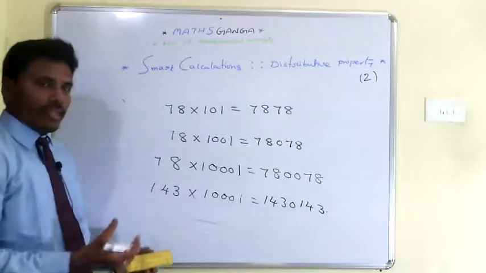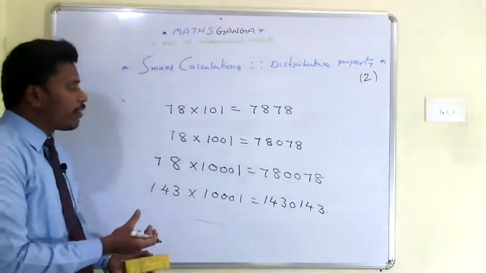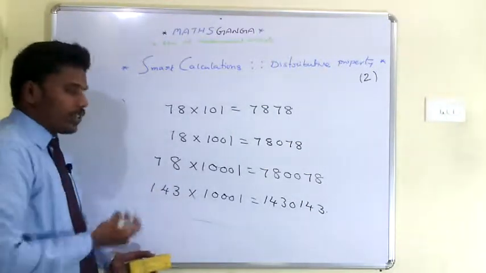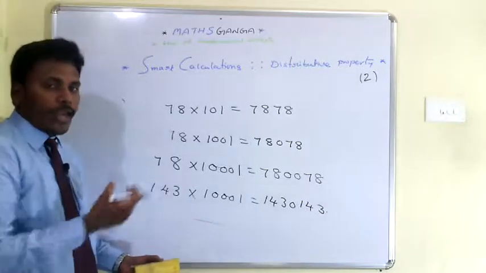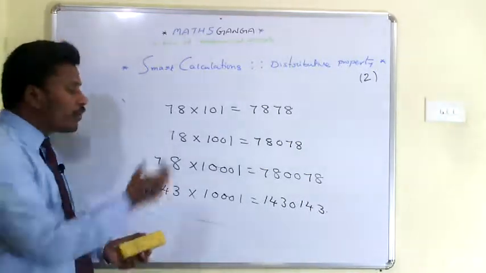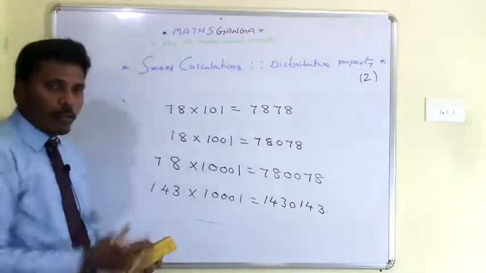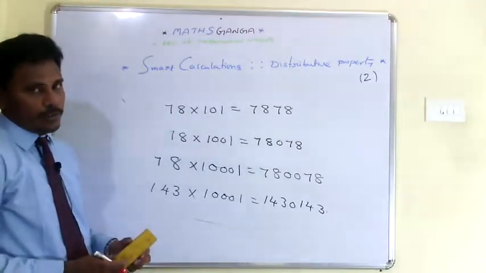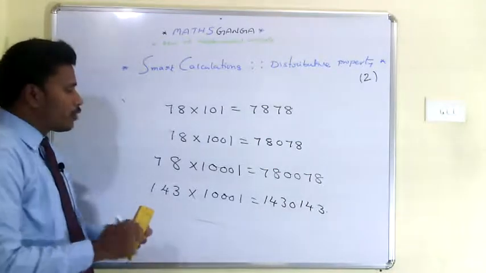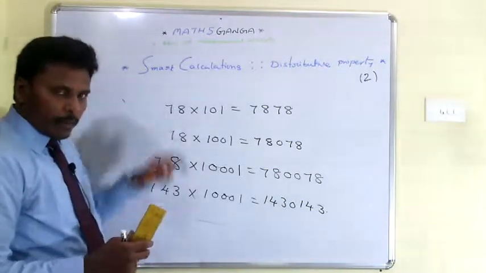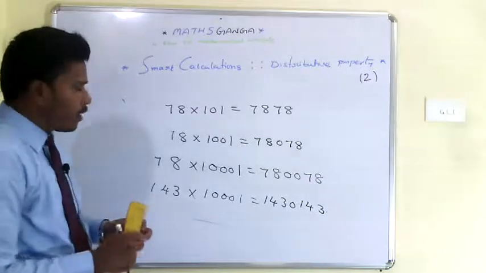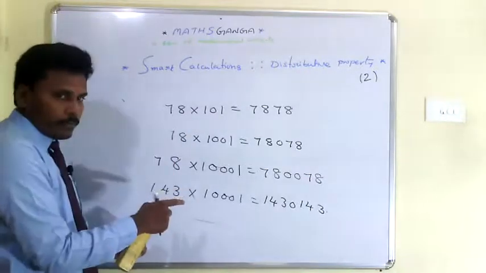So directly we will announce the answer when multiplying any number with 101, 1001, 10,001, and so on. If you multiply any number with this type of numbers, we can directly announce the answer with the help of the distributive property. Now take a number and multiply in different manners and observe how it becomes. This is the second model.